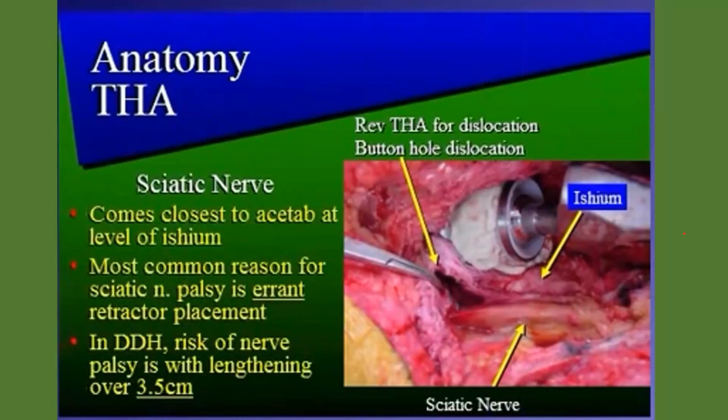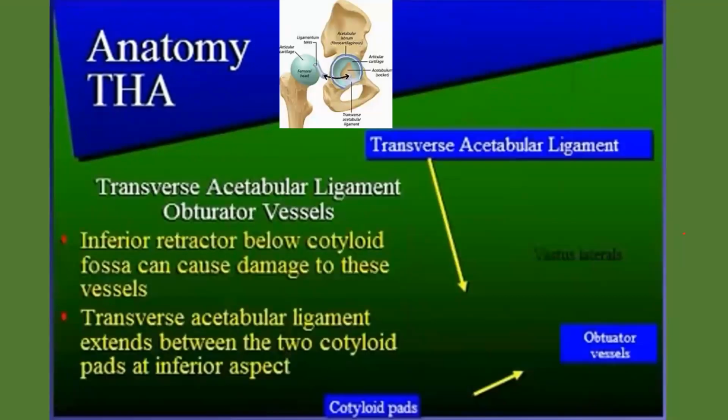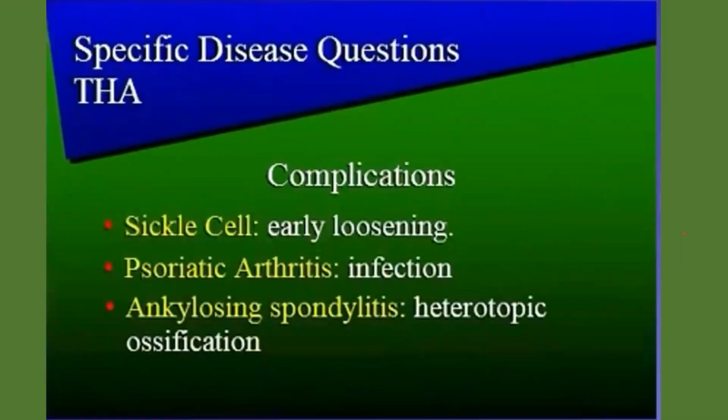Don't forget if you're working underneath the gluteus maximus, you have the circumflex femoral artery. You have to pay attention to it, the medial circumflex femoral artery. If you're working at the lower end of the acetabulum, you have to think of the obturator vessels, and all these positions are crucial.